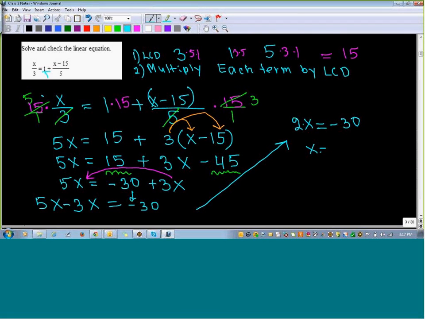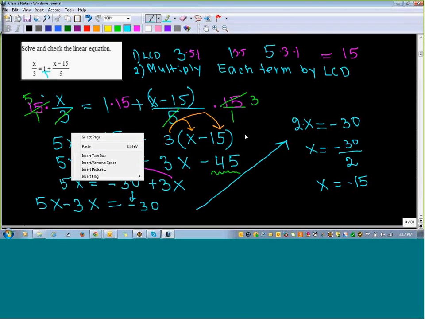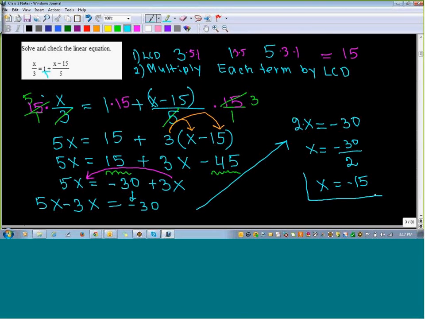Since there was no variable in the denominator, the answer is fine. Okay, it checks, so we can check if we want to.